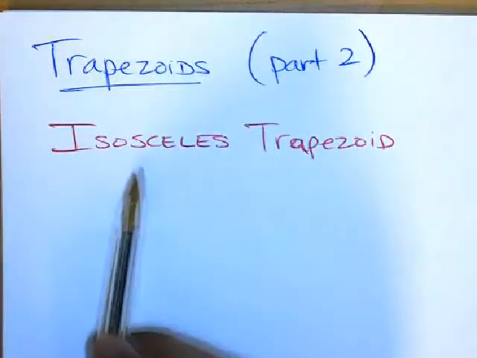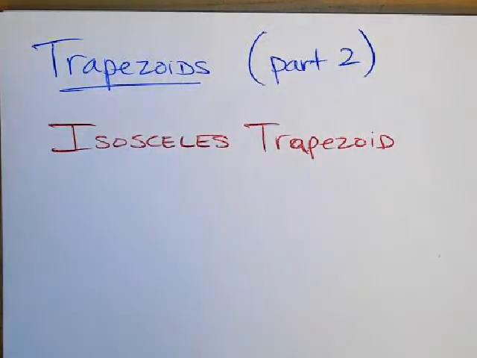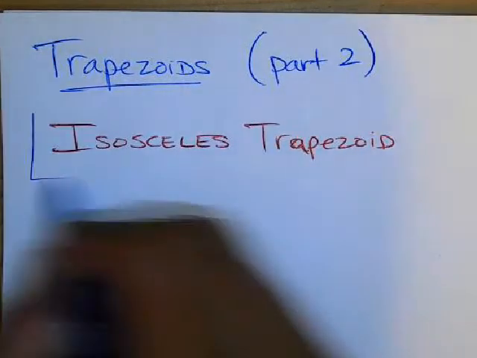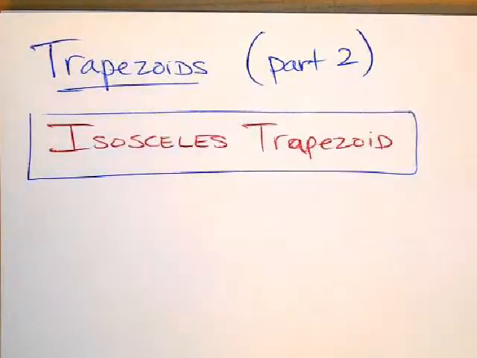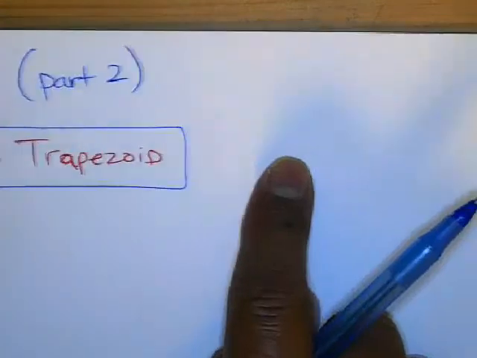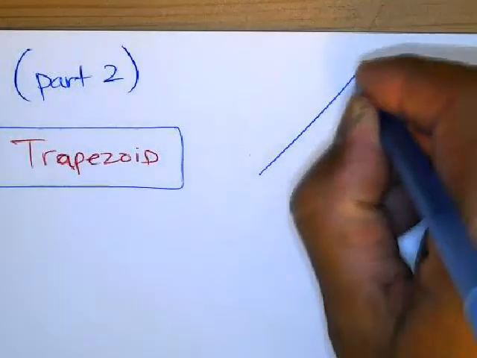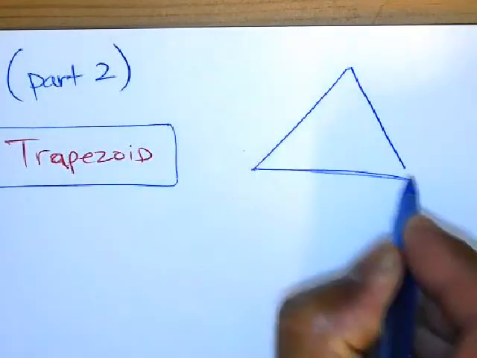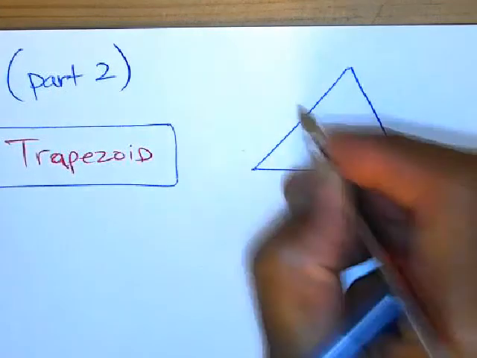And you maybe remember this word isosceles because you learned an isosceles triangle. If you remember an isosceles triangle, I'll draw it over here. It's a triangle that has two congruent sides.